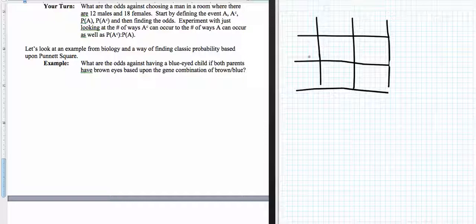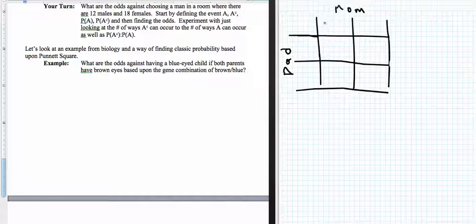So we're looking at a genotype based upon the alleles from a gene. So if we have a brown-eyed mother and a brown-eyed father, we'll put mom up here and we'll put dad down here. And if mom and dad are both brown-eyed, that's their phenotype.